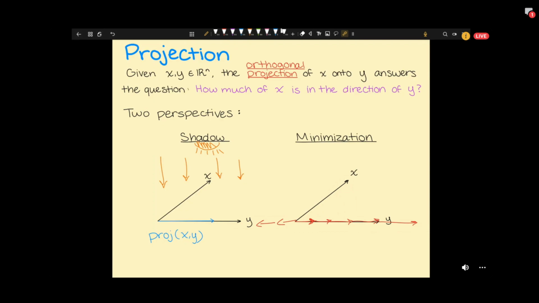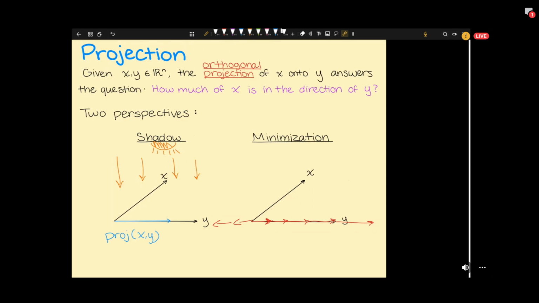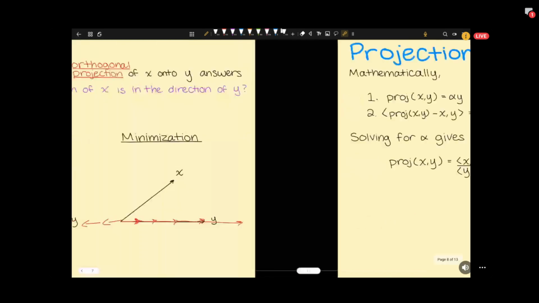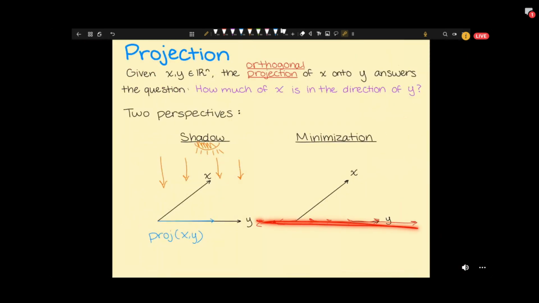So this one is a little more confusing, but we can use the mathematical definition to actually compute the formula for the projection. Mathematically, we have two pieces of information. We know that the projection of x onto y is going to be some scalar multiple of y, meaning it's going to lie on this line.